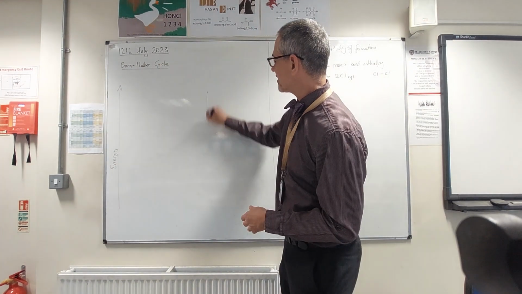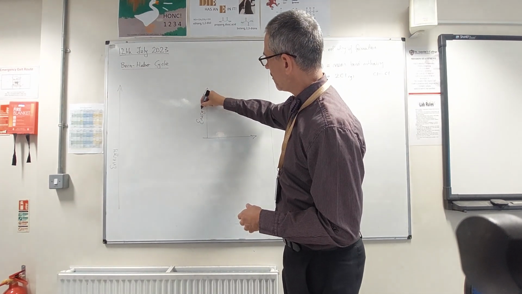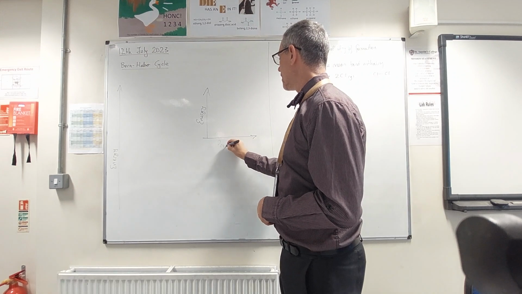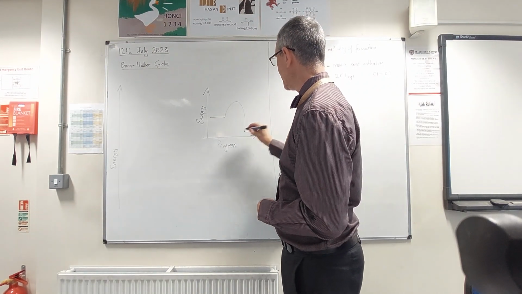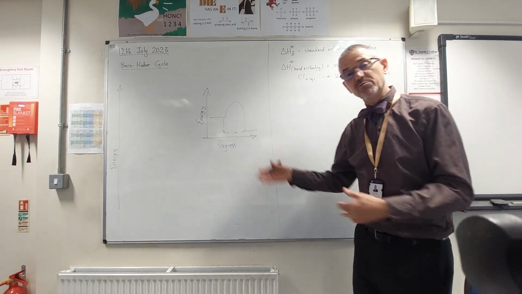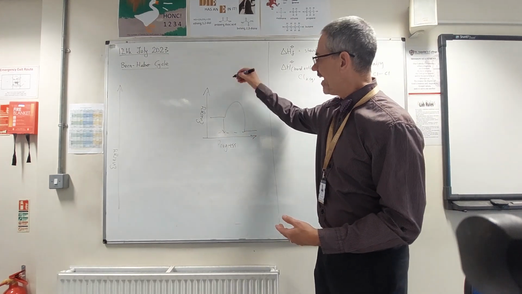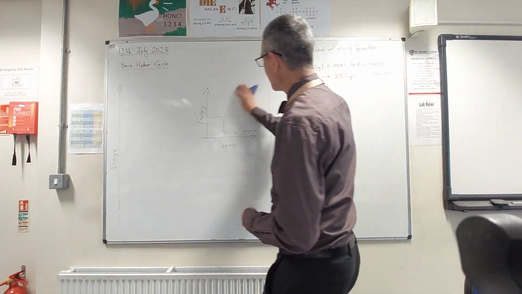Okay, in exactly the same way as when you draw reaction profile diagrams, you have an energy axis there, and therefore you can see that an exothermic reaction goes down because things are losing energy, and an endothermic reaction goes up. So it's going to be the same for this.